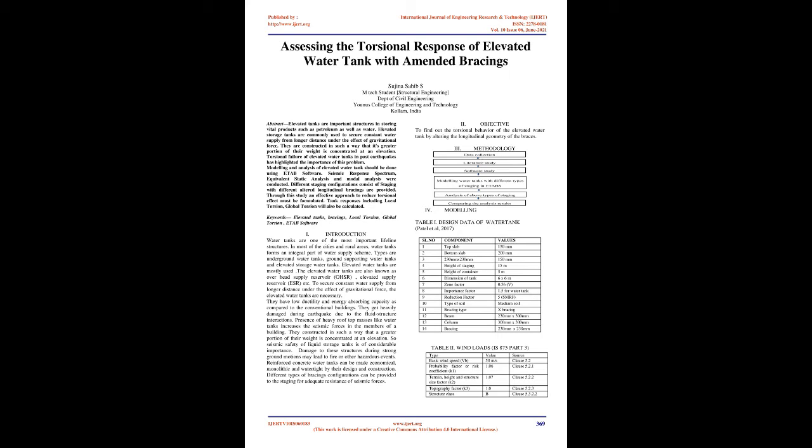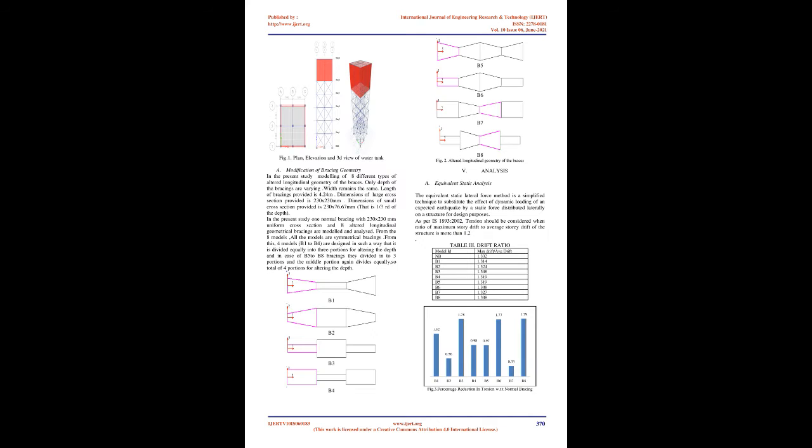Values: 50 m/s, 1.06, 1.07, 1.0. Source: clause 5.2, clause 5.2.1, clause 5.2.2, clause 5.2.3, clause 5.3.2.2. IJERT, IJERTV10IS060183, www.ijert.org 369. This work is licensed under a Creative Commons Attribution 4.0 International License.